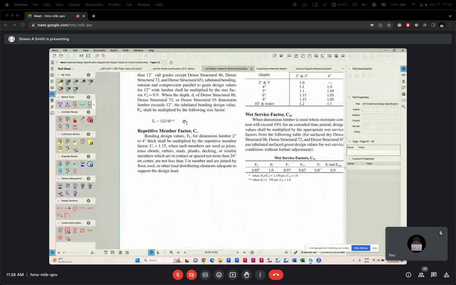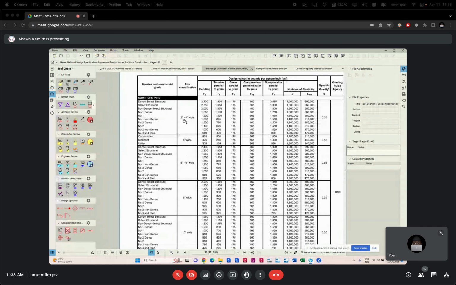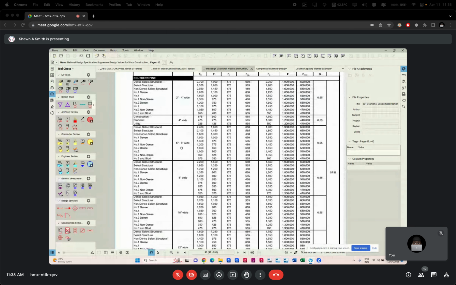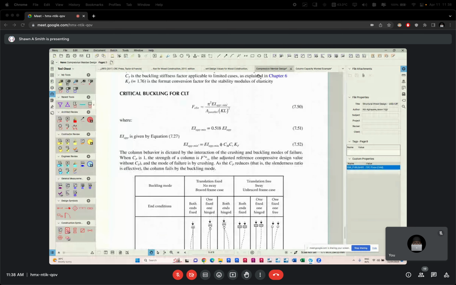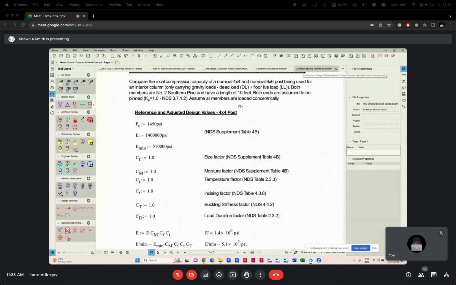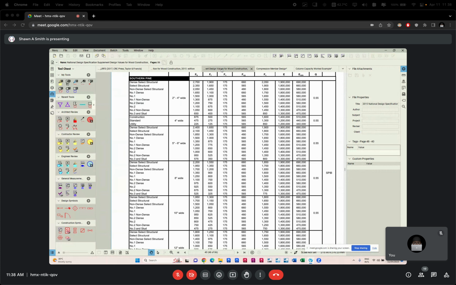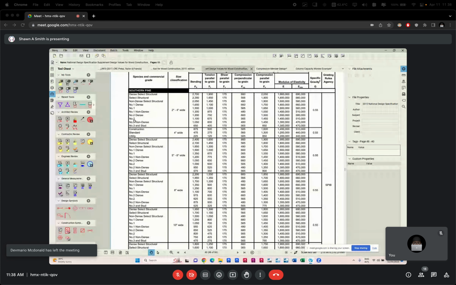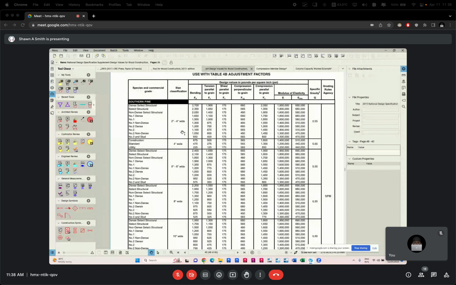We're looking for 4 by 4, and it must also be number 2. Number 2 Southern Pine. All right, 2 to 4 inches wide. Size classification 4 inches wide.